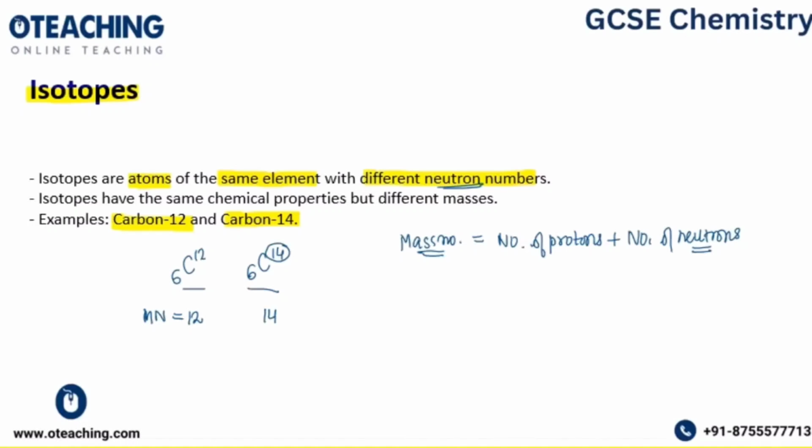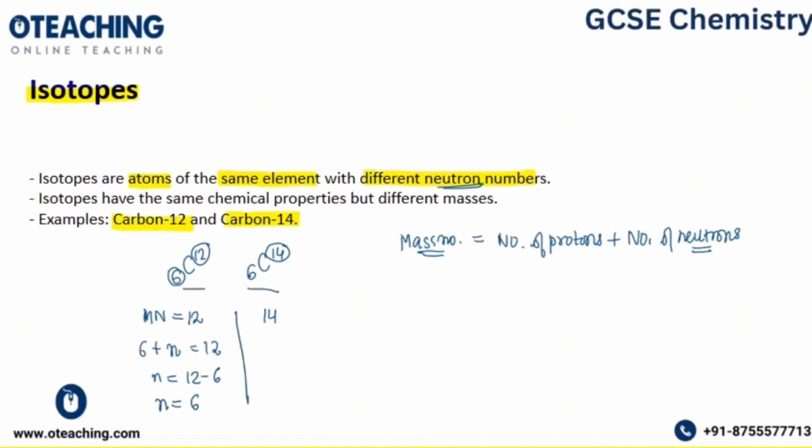To calculate the number of neutrons here: the mass number is 12, and mass number is equal to number of protons plus number of neutrons. The atomic number, or the number of protons, is 6. So the number of neutrons would be 12 minus 6, that is equal to 6.